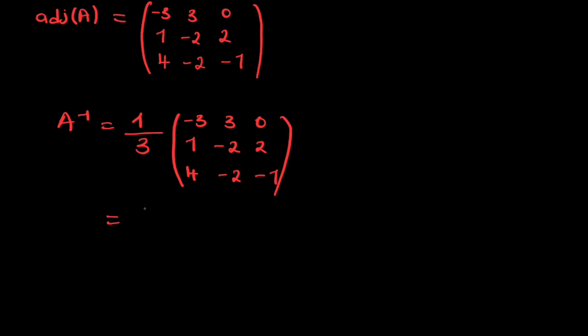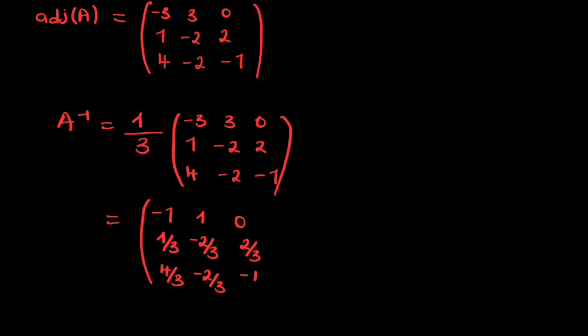So if we simplify that, we are going to have minus 1 here, 1, 0, 1 on 3, minus 2 on 3, 2 on 3, 4 on 3, minus 2 on 3, and minus 1/3. So this is what we have. So this is the inverse.